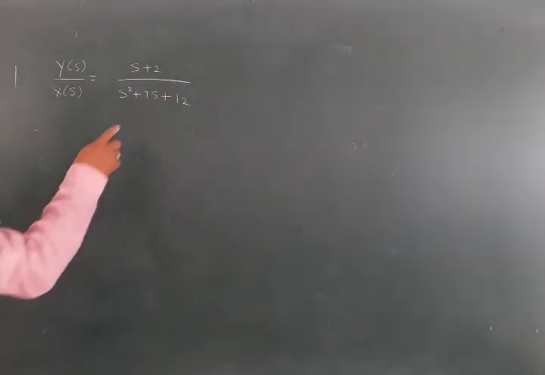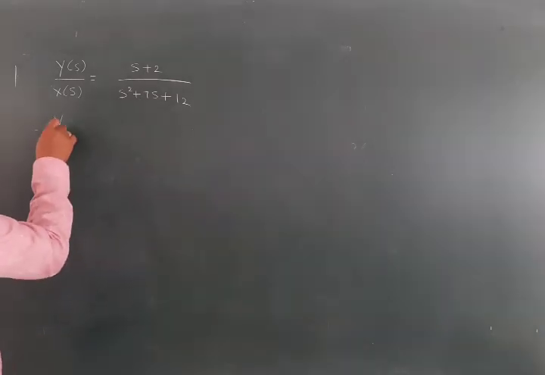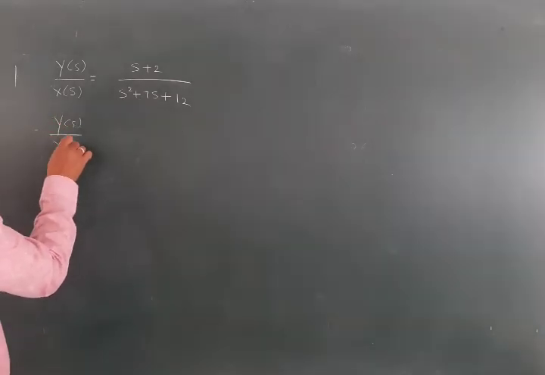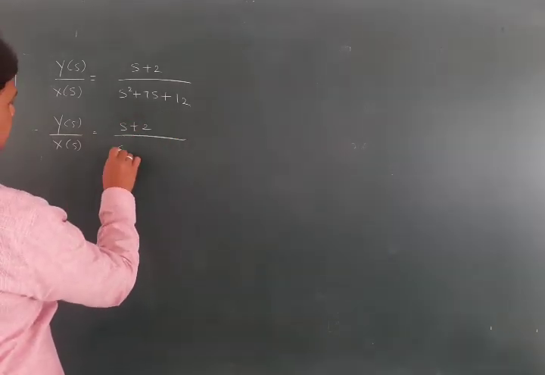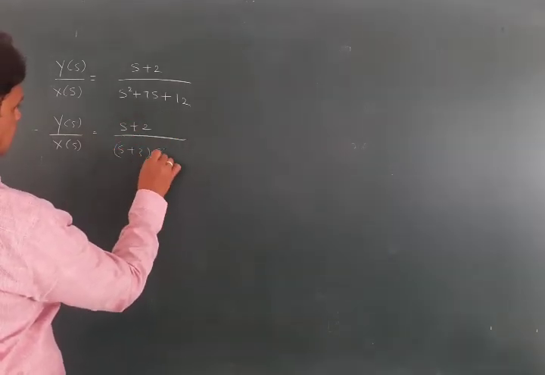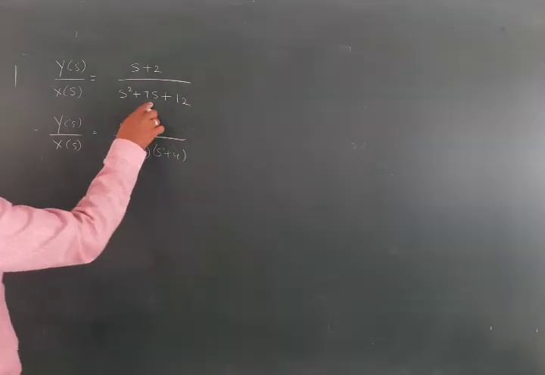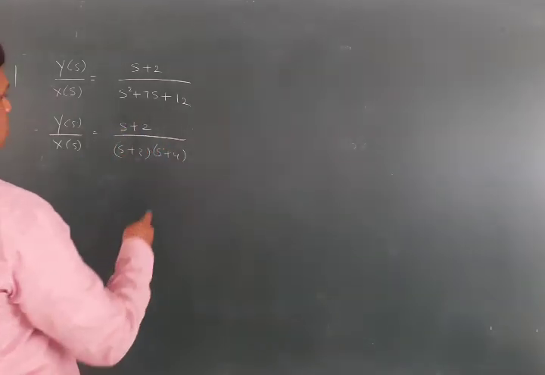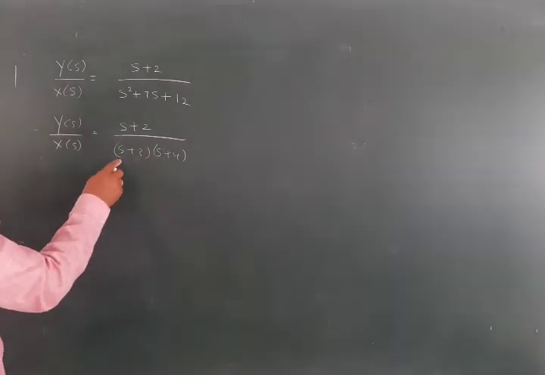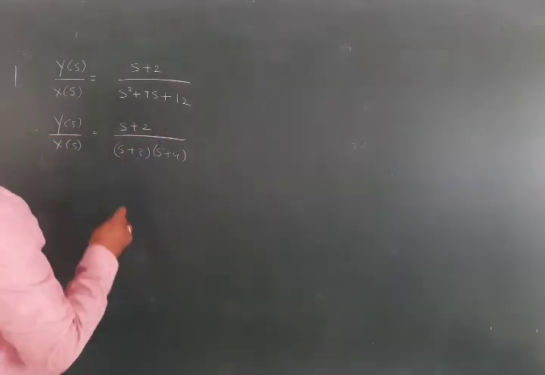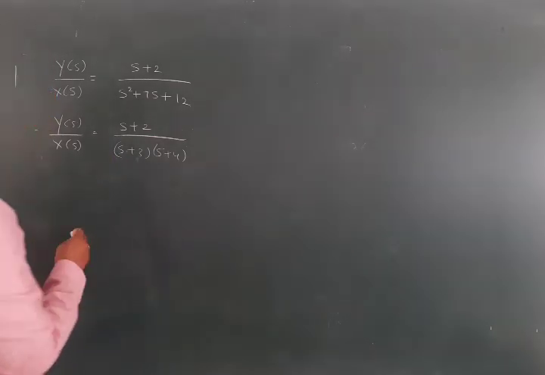Now if you see here, we have to factorize the denominator of this equation, that is s plus 2 by s plus 3 into s plus 4. These are the factors. You know how to factorize this one. So s plus 3 into s plus 4 is nothing but s square plus 4s plus 3s plus 12. So you have got the factors of this, and you write the equation in this way.